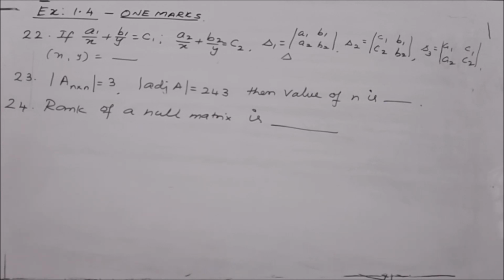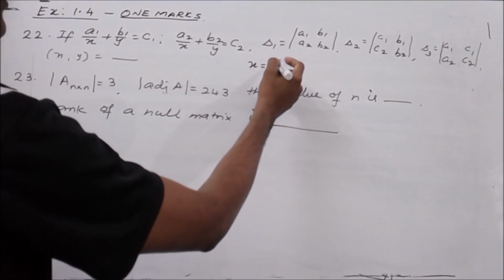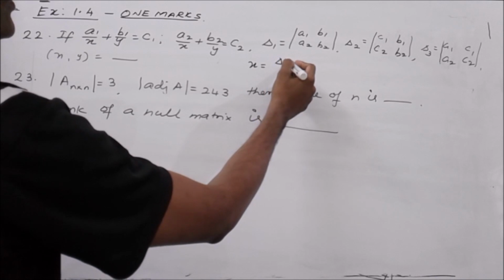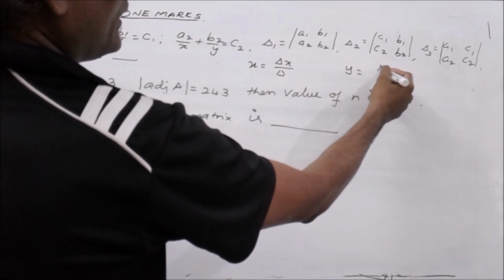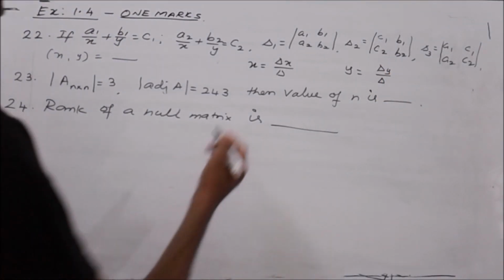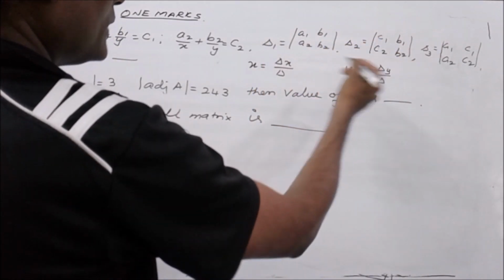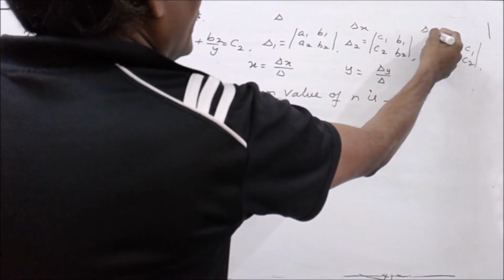To find x, we have delta x by delta, and to find y, delta y by delta. Here delta 1 is for delta, delta 2 for delta x, and delta 3 for delta y.